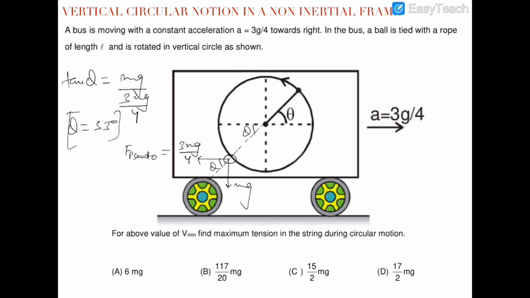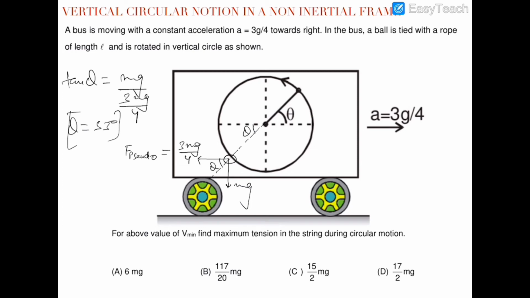So don't confuse it with the tension which we calculated in the earlier video, because that tension was the tension when the ball was in equilibrium. But in this case we have to find out the maximum tension when we have already projected the ball.